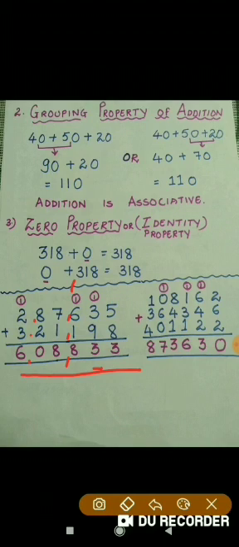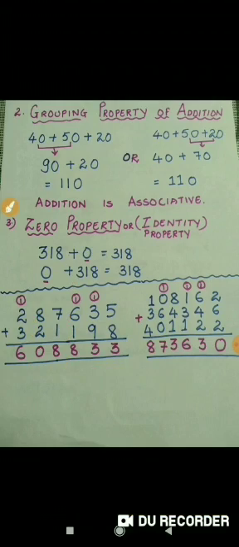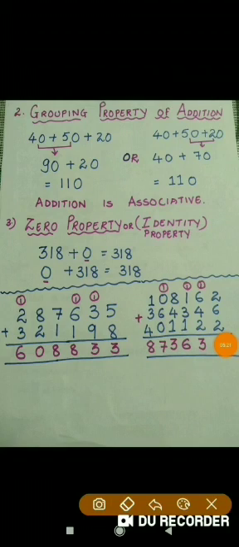Now let us see the next question, in which we have 3 numbers. Here again we will arrange them in columns and start from ones place. 6 plus 2 is 8, 8 plus 2 is 10, 0 and carrying over 1. 6 plus 4 is 10, 10 plus 2 is 12, 12 plus 1 is 13, 3 and carrying over 1. 3 plus 1 is 4, 4 plus 1 is 5, 5 plus 1 is 6. 6 we will write here, no carrying over here again.